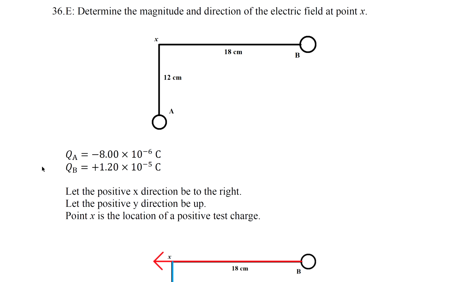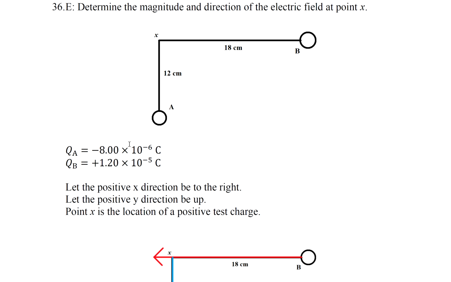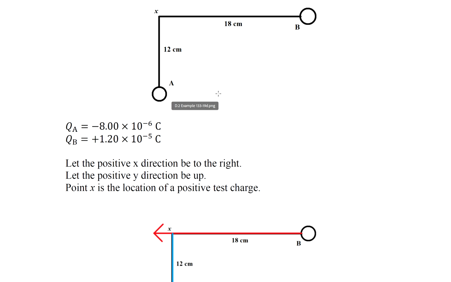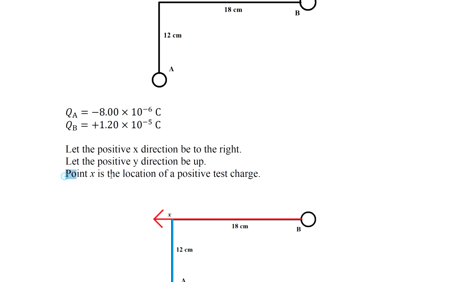Question 36, determine the magnitude and direction of the electric field at point x. So Q sub A is negative, Q sub B is positive. So if we put a positive charge at x, Q sub A pulls it down, and then Q sub B is positive, so it pushes x to the left. Okay, so x is the location of a positive test charge.